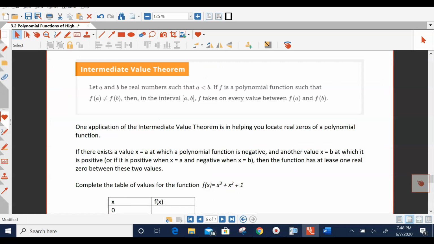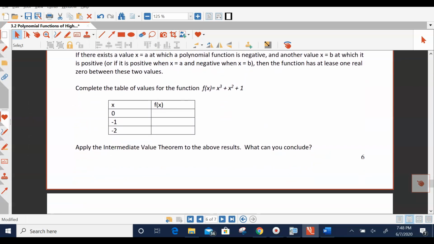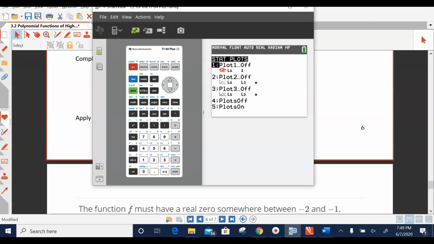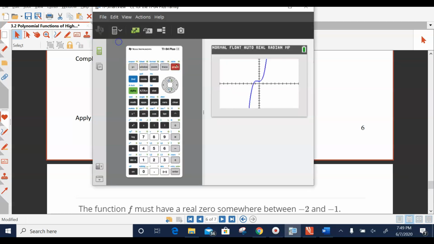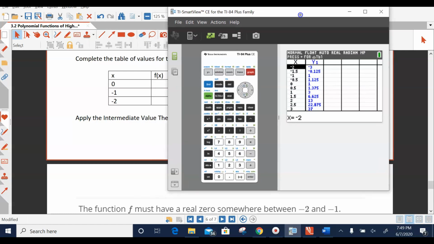Now, let's use it. Okay, so let's complete the table of values for this function. I'm going to type it in my calculator. So here is the graph of that function. All right, here is our table of values. And let's just put those over here.